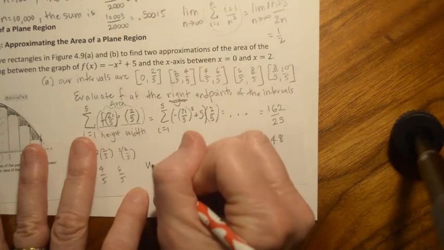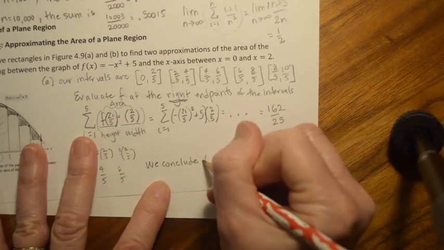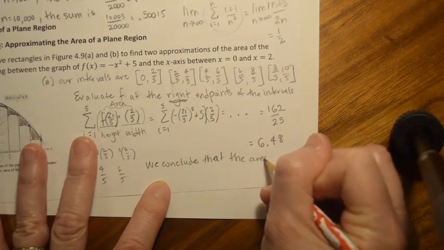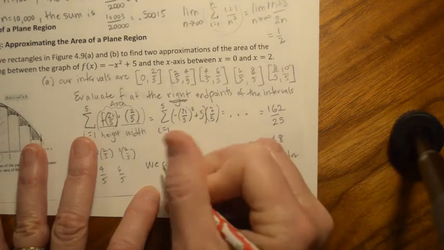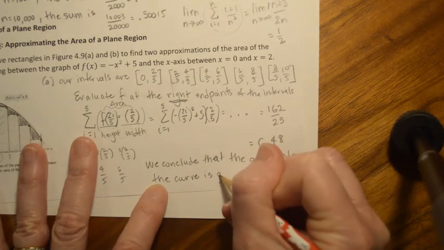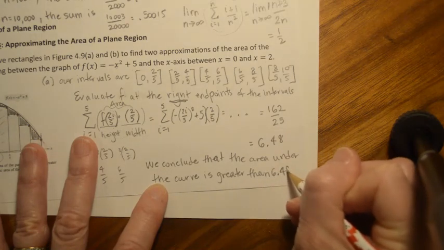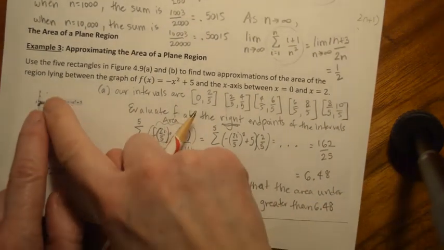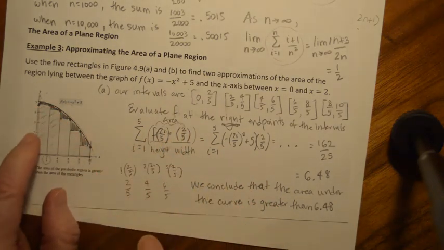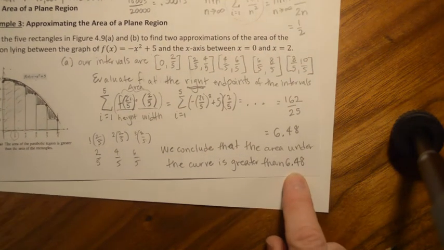So we can conclude that the area under the curve is greater than 6.48. Again, it's greater than because we didn't count all these little shaded-in slivers. We just counted this gray part, right? And so whatever the true area is, it's going to be greater than 6.48.